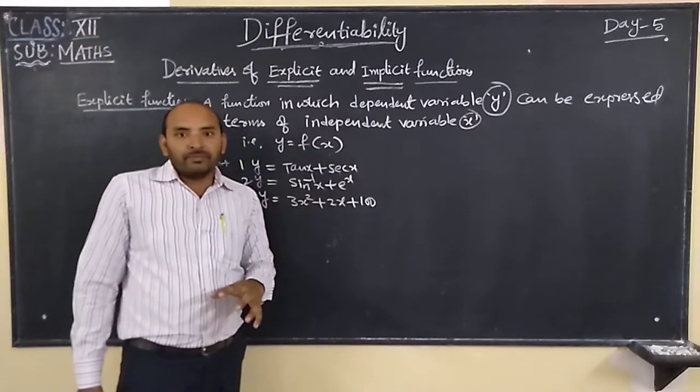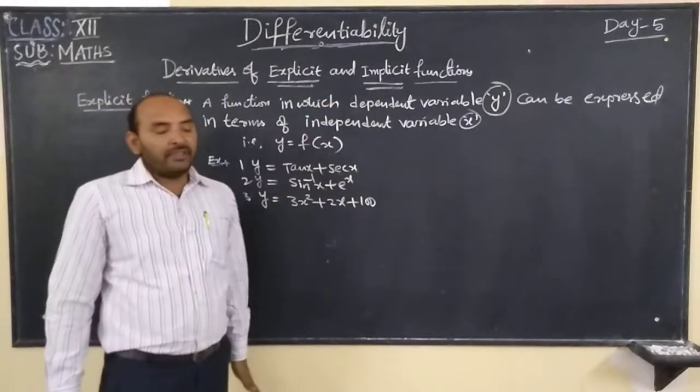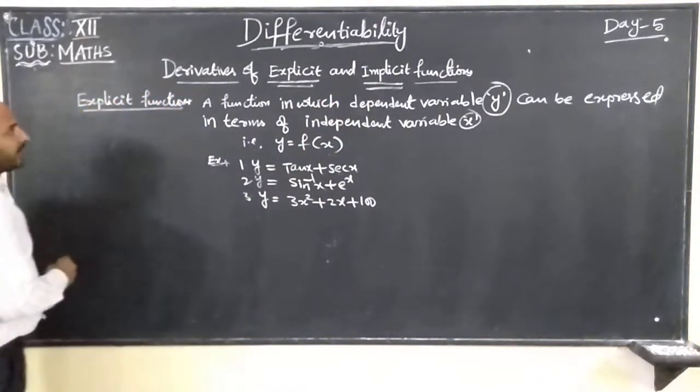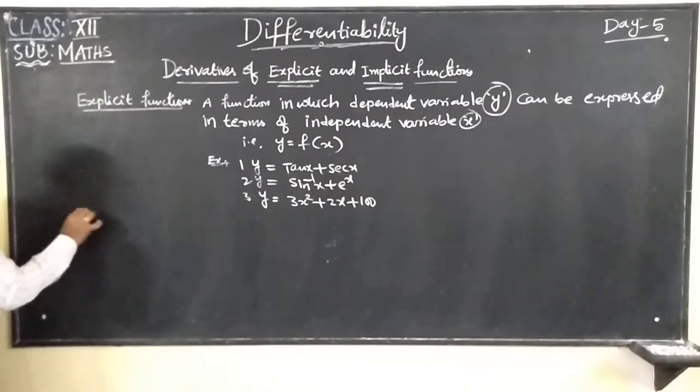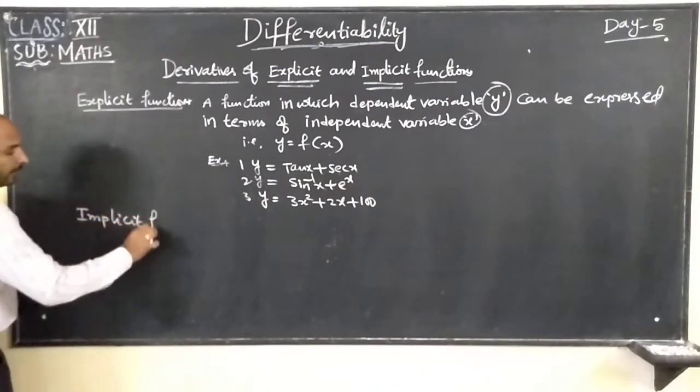explicit form, and such types of functions are called implicit functions. Second definition, implicit functions.